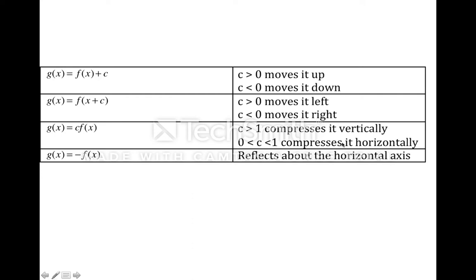It's going to compress it horizontally towards the x-axis. Multiplying by a negative reflects across the horizontal. So you have 3 types of transformations. Translations, where it moves. Compressions, which are accomplished by multiplying by a constant. And a reflection, which is by multiplying by a negative number.